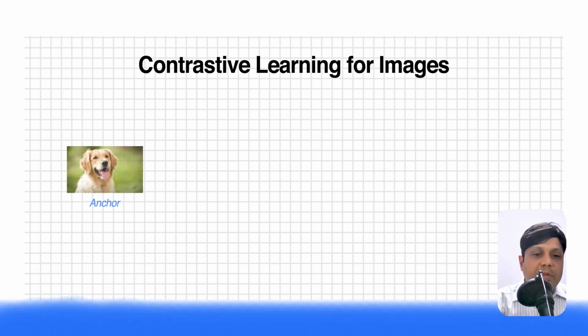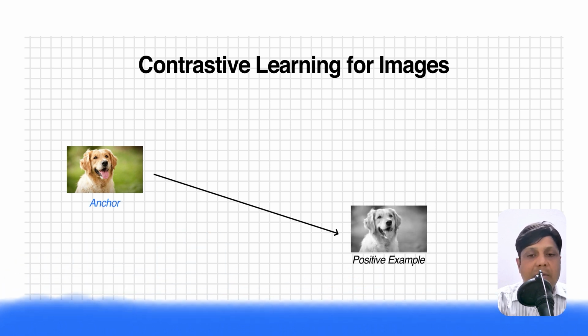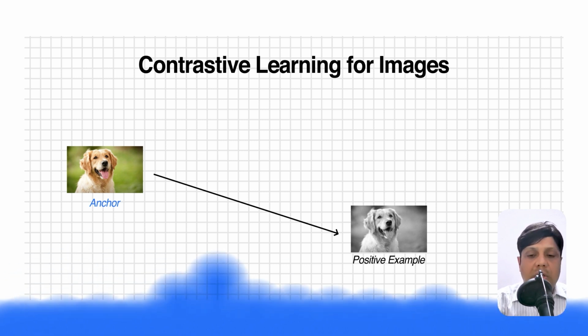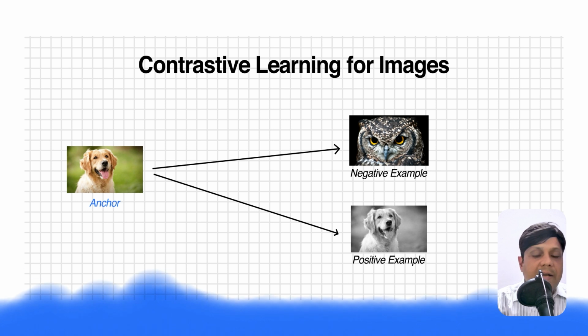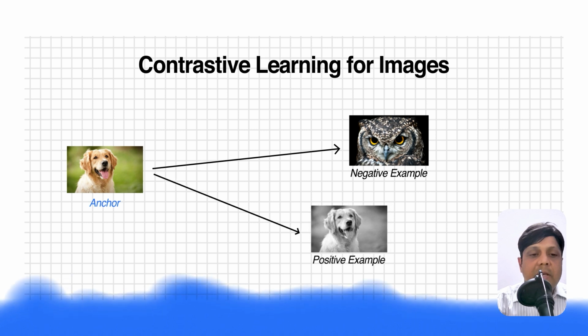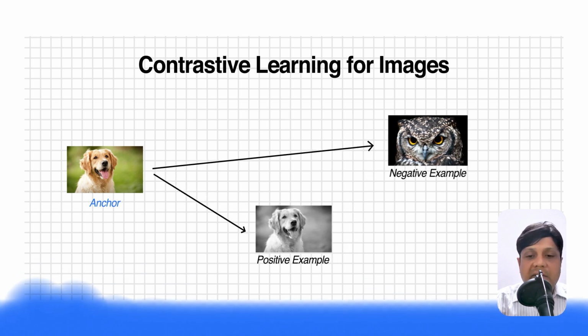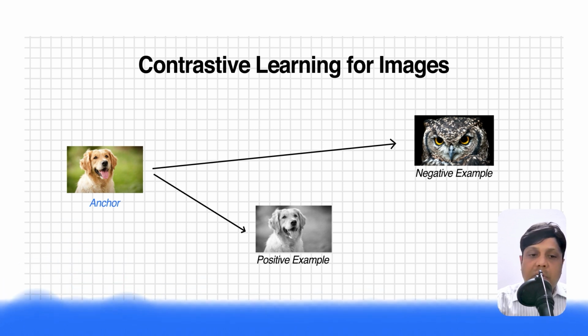So if you see, we have an image of a dog which is our anchor. An image of another dog is our positive example, and any other image, it could be an image of an owl or an image of a lion, is our negative example. The embedding model will learn and bring the positive example closer to the anchor, and move the negative example farther from the anchor.